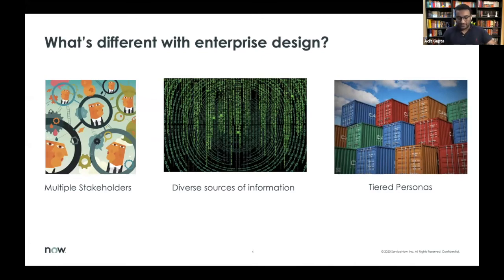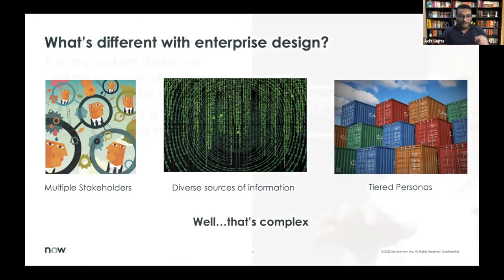They are tiered personas. So you have to design for them. And yes, that's complex. The point that I want to drive here is that there are more variables when we are talking about enterprise applications. So even though you can maybe eliminate some of them, some will always remain.